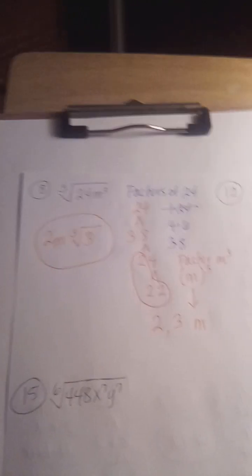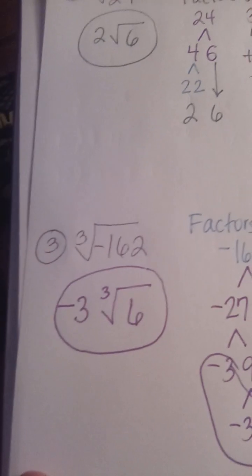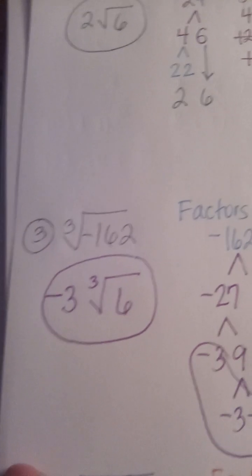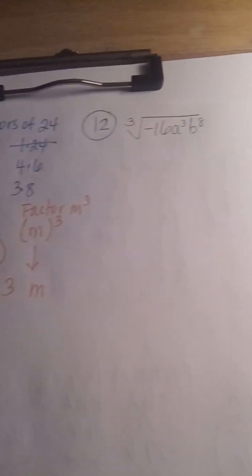All right, let's move on to 12. 12 and 15. 12, it's the same thing we were doing earlier from number 3, right? But 3 doesn't have a variable on the inside. 12 does. So we have to be extremely careful with this.